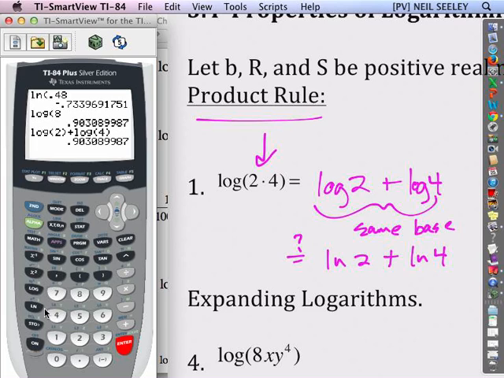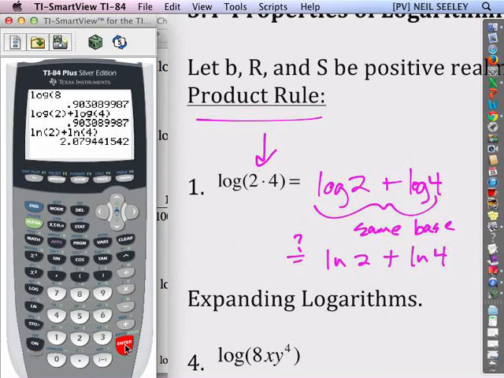Does it work with natural log? Can I put the other base in on this one? ln of 2. Oh, I just don't know what's going to happen. ln of 4. No. You know why? If you're going to use one type of base of log in your problem, you stick with it through the whole problem.